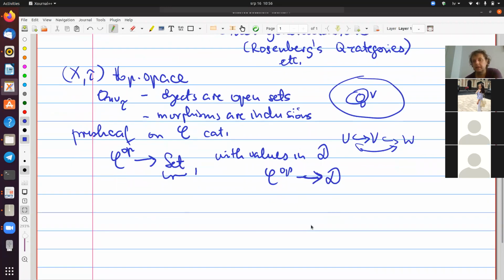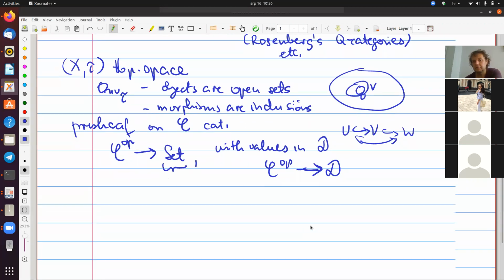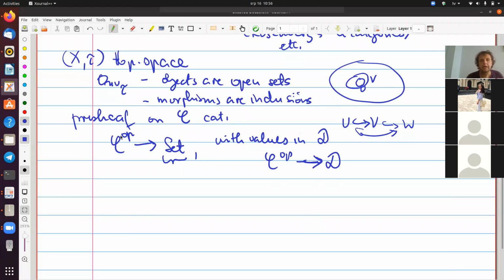For example, sheafification doesn't need to exist for pre-sheaves over a Grothendieck topology with values in not so well behaved categories. So this is one object which will be needed very often, but I will not start with sheaves as pre-sheaves.